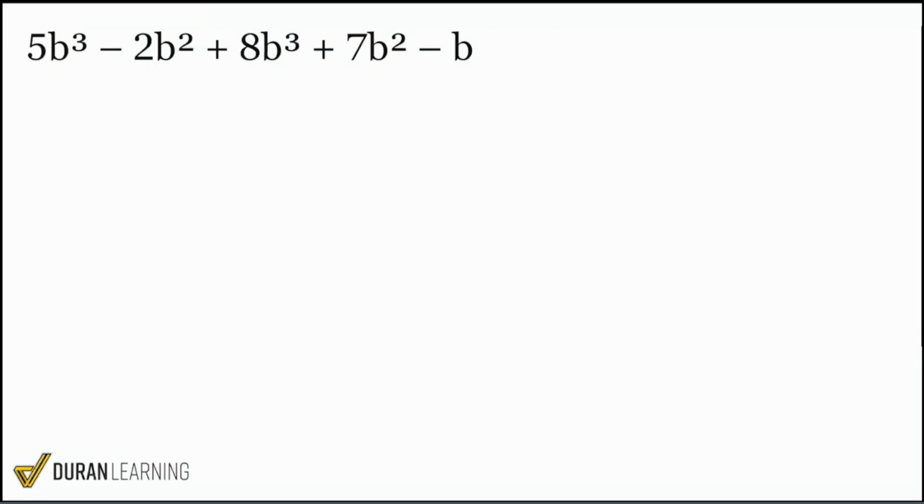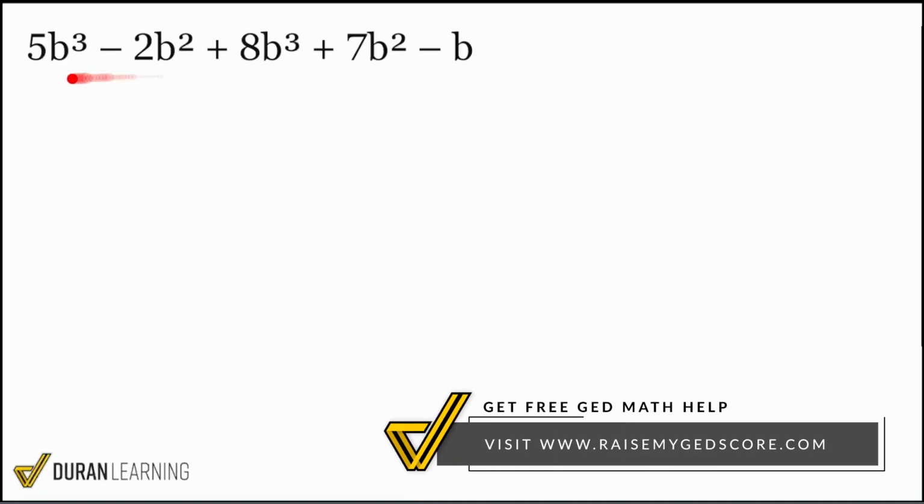All right, and let's go ahead and get into the next example here. Even more complicated than it was before, but again, remember that we are here to follow the rules that we know are true. So here we go. First things first, what can we combine? Let me start off with the first term. Everybody, we notice that we have a b to the power of 3, so b cubed.